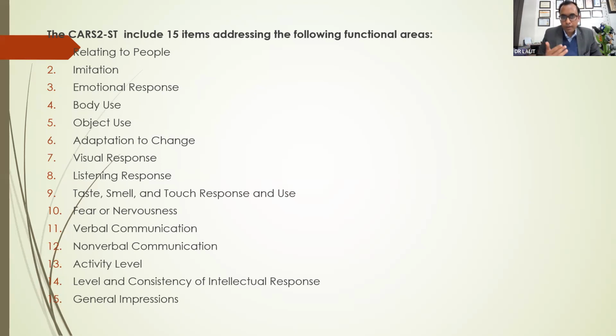That is why this new edition, the second edition of CARS, directly correlates with the functionality of DSM-5. Because in the previous criteria, DSM-4, they were not including the stereotypic movement or the sensory issues. But now in the latest DSM-5 criteria, they are including the sensory issues. Because of this, CARS 2 correlates very well with the latest DSM functional criteria for autism.